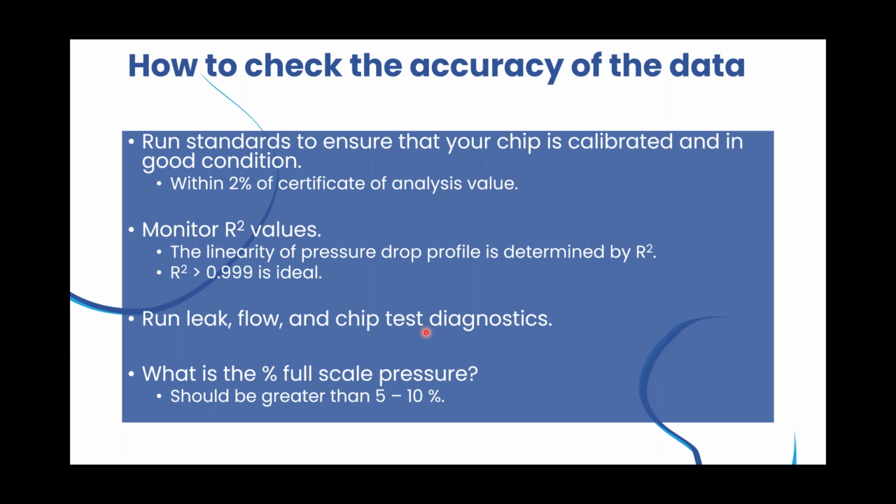If you run the chip test, you can check if the chip is in good condition. With the flow test, you can check if there's enough flow through the channel. And with the leak test for MVROC2 and Initium, you can check if there's no leak in the system.